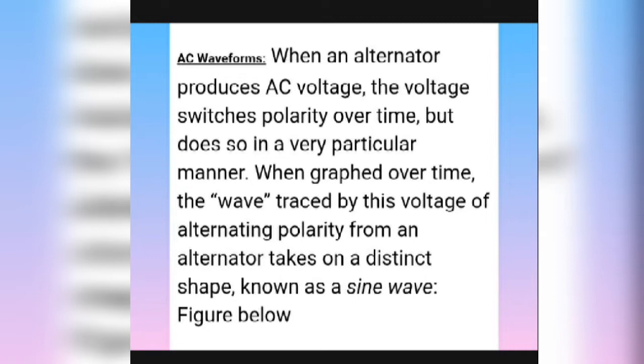The wave traced by the voltage of alternating polarity from an alternator takes on a distinct shape known as a sine wave, and the sine wave is clearly defined in the picture below.